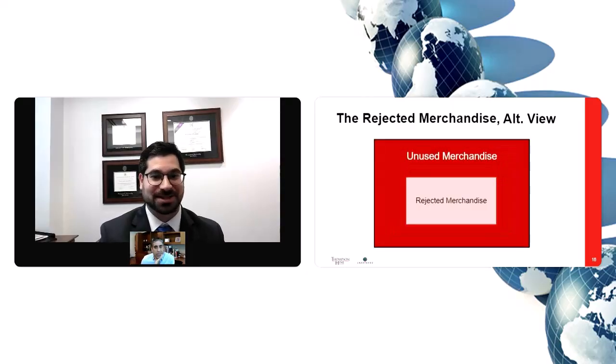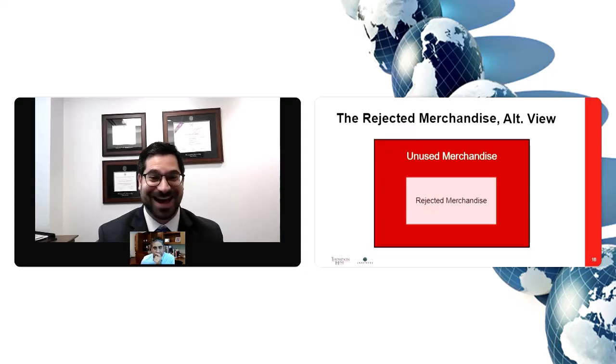Not all unused merchandise is necessarily rejected, but what's helpful about this is that this slide really aims to illustrate that unused merchandise drawback can be claimed for rejected merchandise to the extent that the rejected merchandise satisfies those requirements as well. That's important from a compliance standpoint. We'll see that later in the protestation process. So just bear in mind, if you have rejected merchandise, you might also be able to use the unused merchandise drawback scheme instead if preferential and applicable.